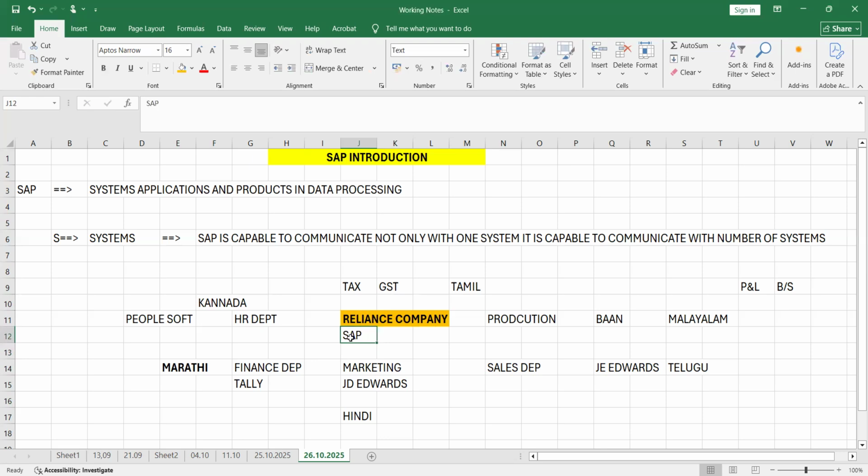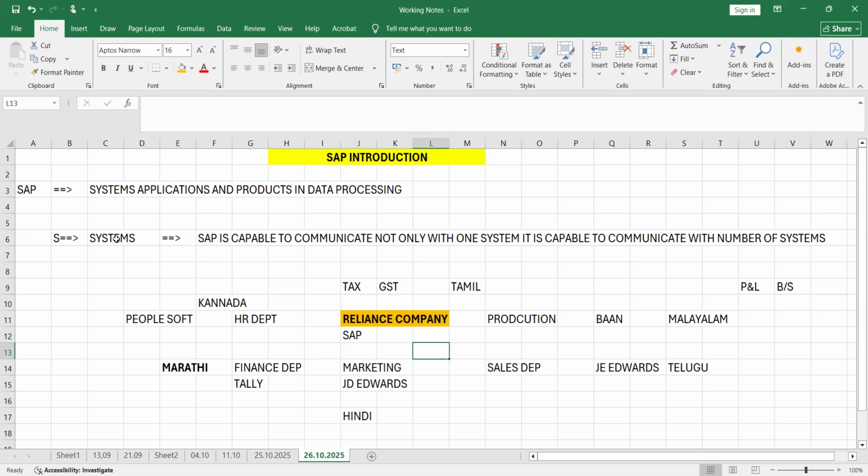SAP is capable of communicating not only with one system; it can retrieve the data of different softwares. Earlier it was not possible, but SAP has a lot of interfaces which can take data from other software and give data to other software. That is the reason SAP is considered the number one ERP.